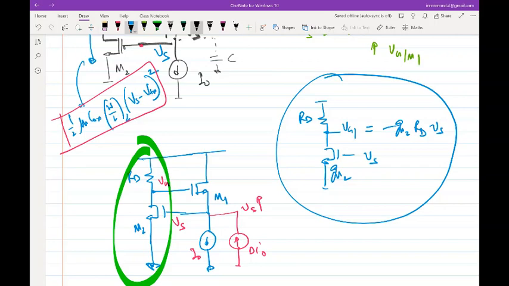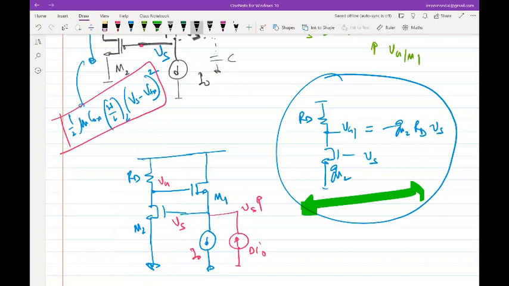So, do you agree that the stuff that you see here is a common source amplifier? If the gate of the common source amplifier is going by Vs, what will the drain of the common source amplifier go by? Right, minus Gm2 RD times Vs. So that's what I am essentially doing here.